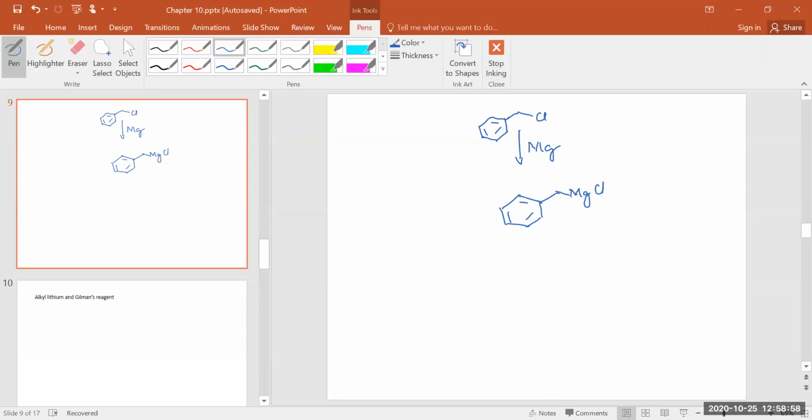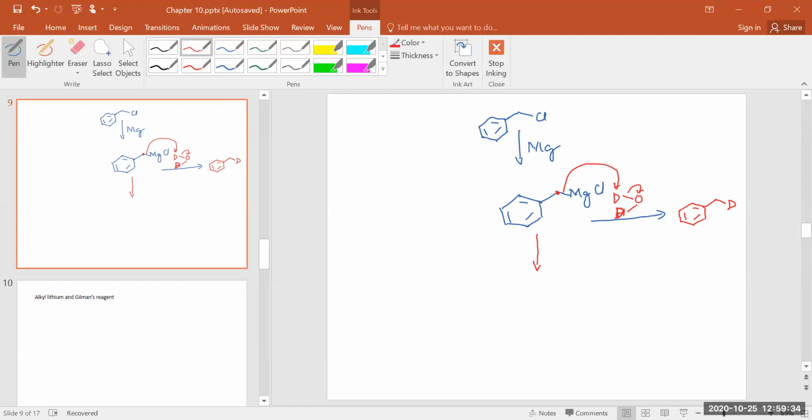Now if you take water, what will happen? Instead of water, just to distinguish, if you have deuterated water, deuterium oxide, D2O, what will happen? This carbon is nucleophilic as we discussed, so it will quickly take deuterium and form deuterium-attached toluene.